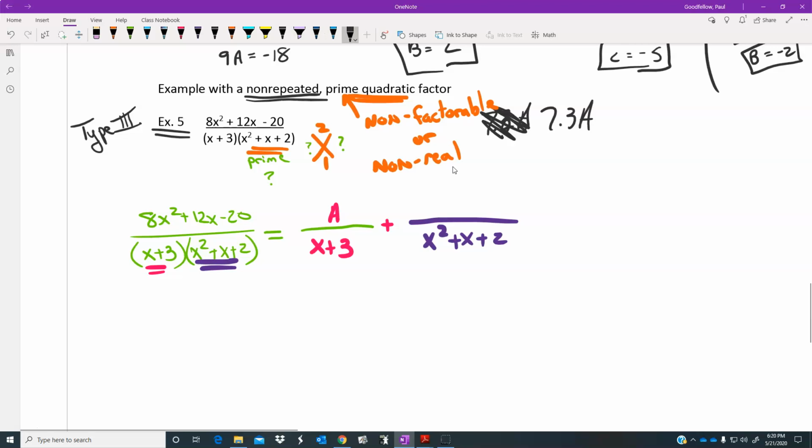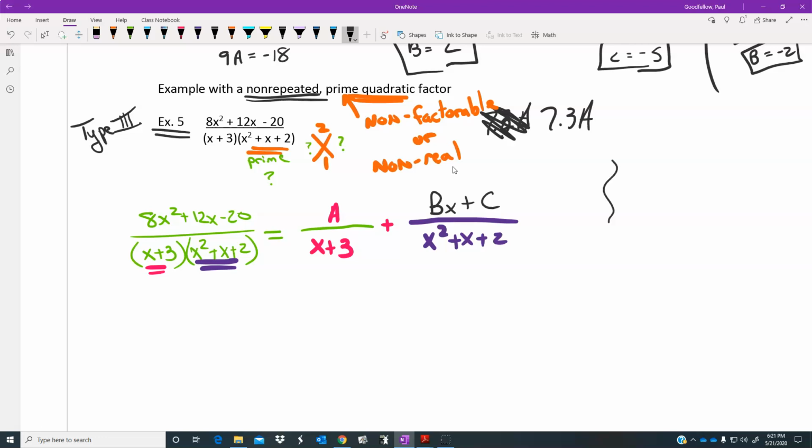If it is a type 3 question where you have a prime one, we use a linear function up here in the top, in the form of bx plus c. It could have happened within the first one, and then it would be ax plus b, but this one just happens to keep the next letters of the alphabet moving down the line. Okay, so this is the way that we would set up a type 3.